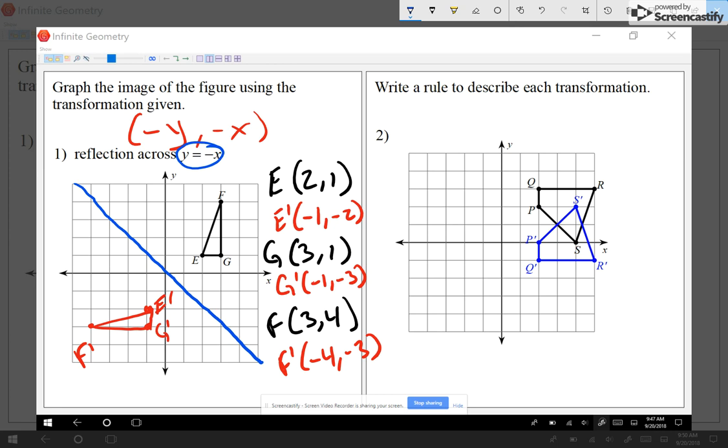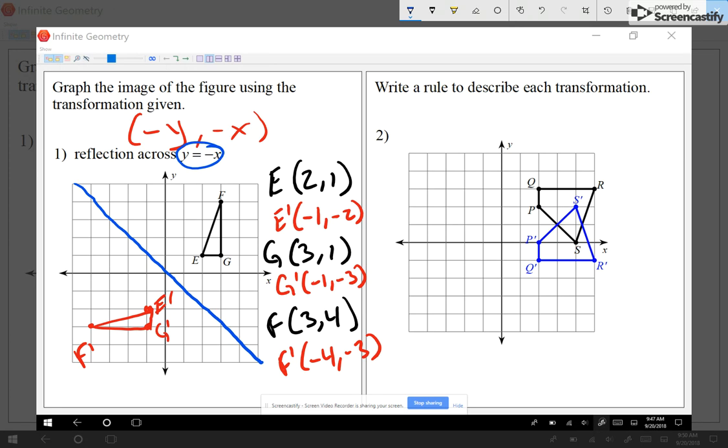G is 2 spaces, so G prime should be 2 spaces as well. I'll do the same for F: 1, 2, 3.5. You can either use the table to get the coordinates and plot the points, or you can count spaces. Either way gives you the same thing. So two ways on how we can do reflection.